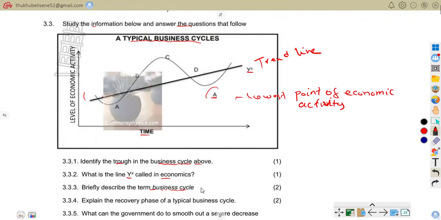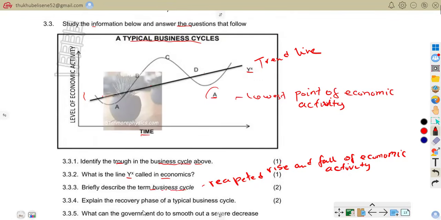A business cycle is a repeated rise and fall of economic activity. So that's that. So we are saying it's what, a business cycle.